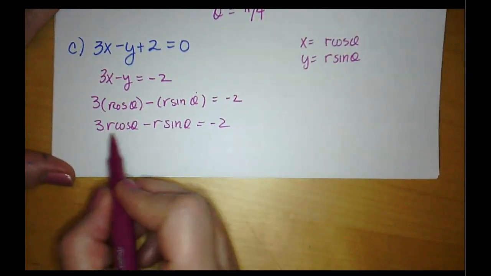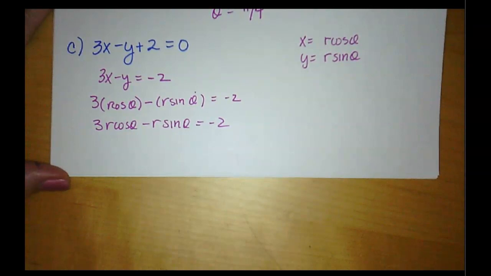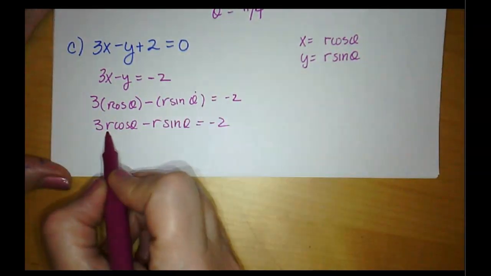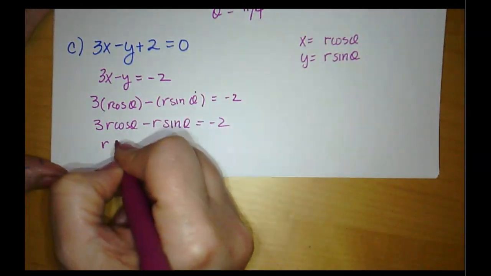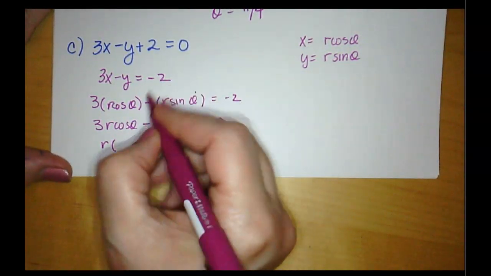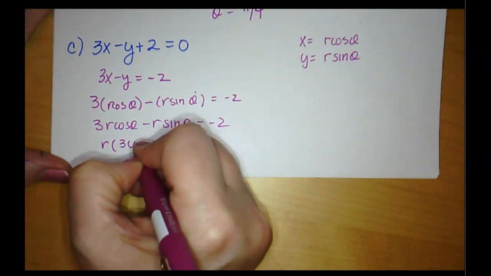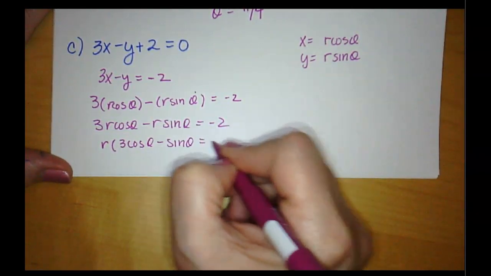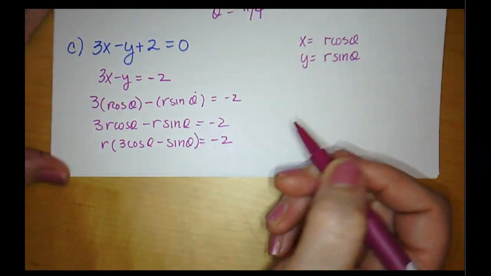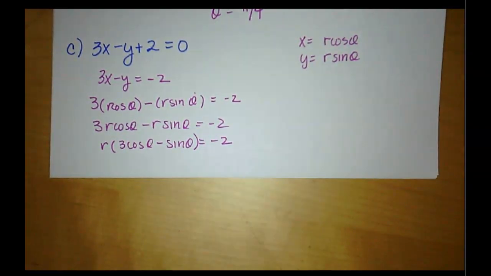So what do you notice in common between these two pieces on this side? I hope you see that they both have an r. So let's factor out that r. Okay, so we factored out the r.